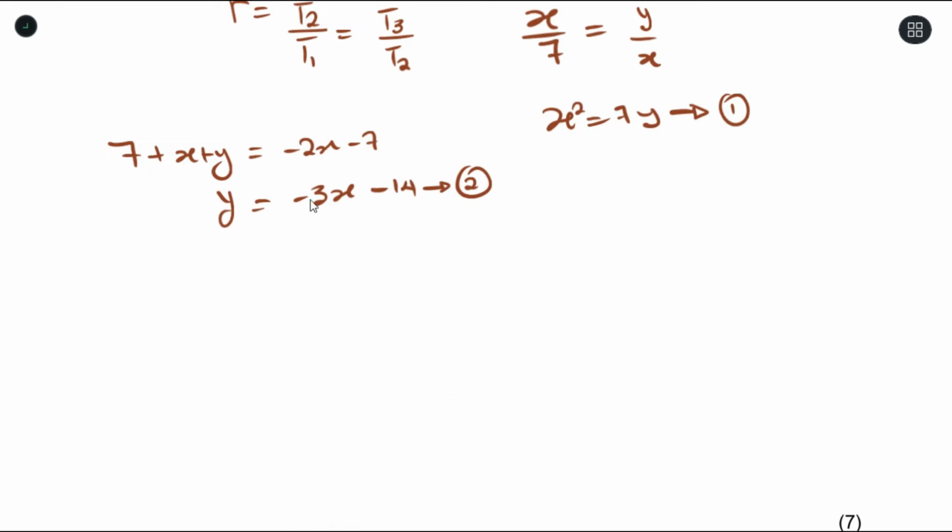So since the second equation is actually written nicely, we could just substitute it into the first. So that there will give you x squared is equal to 7, open bracket. Now we write the value of y. Since we say y is equal to negative 3x minus 14, I write that down.